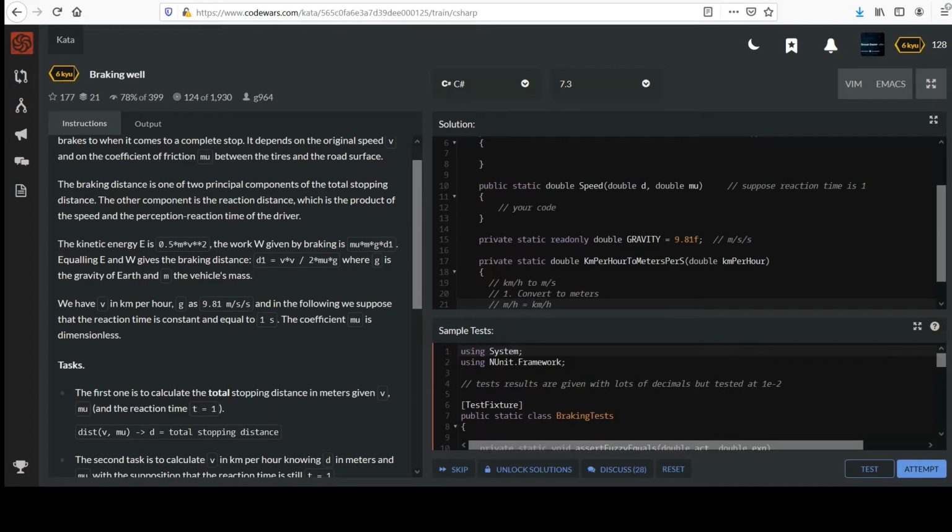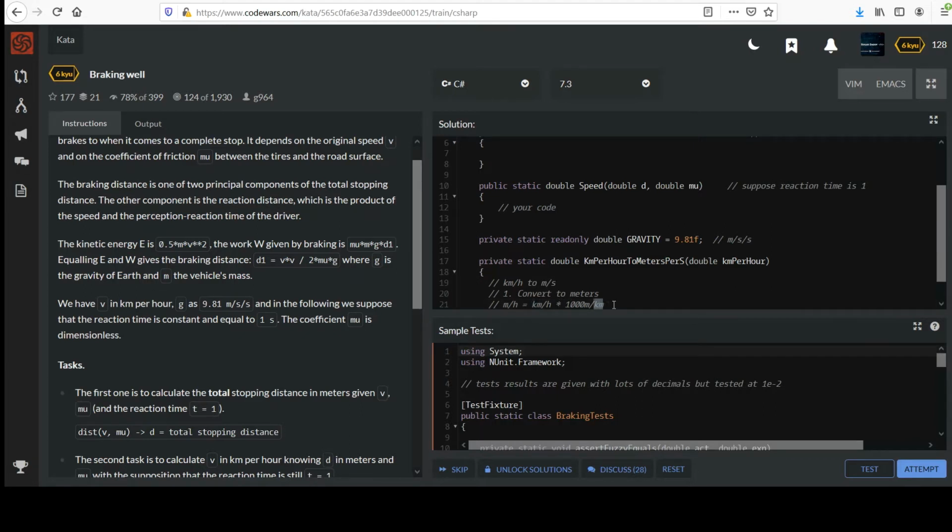And then we know that there are 1,000 meters for every kilometer, right? And so you can see that the kilometers on top cancel out with the kilometers on bottom.